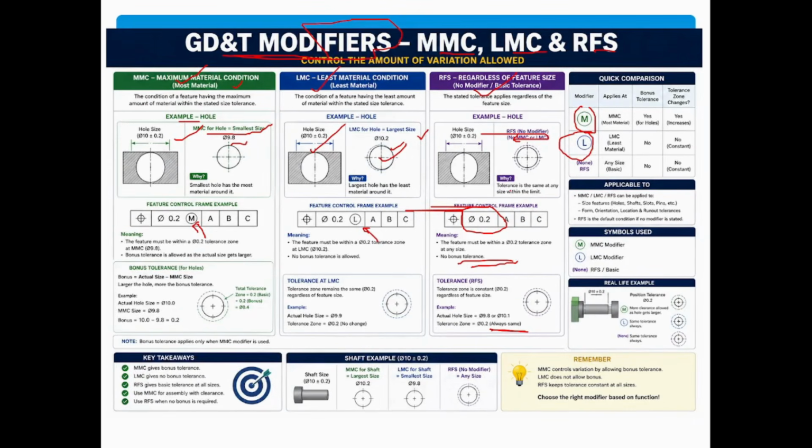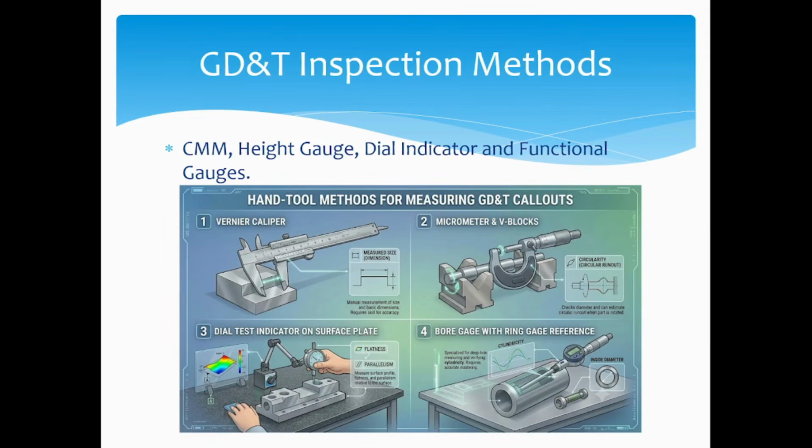Now it comes to the GD&T inspection method: you have given this in the drawing, and how would you measure it practically? It is measured with the help of vernier calipers if it is a linear distance. If it is a diameter, you put the shaft over the V block and measure it with a screw gauge or micrometer.